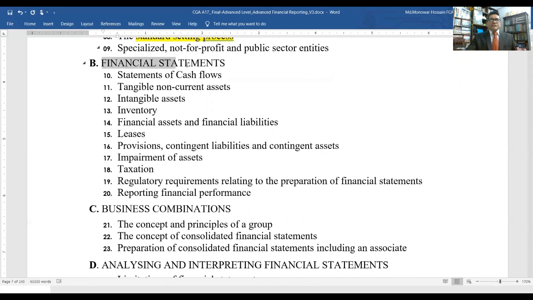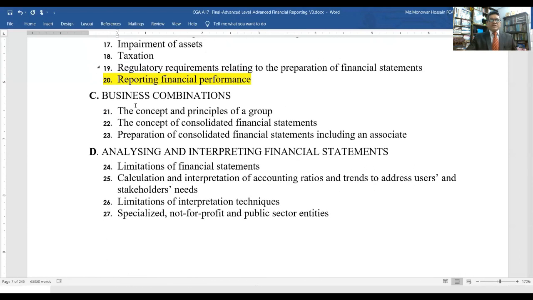In the financial statements, we learn the statement of cash flow, non-current assets, intangible assets, inventory, financial assets, financial liabilities, leases, provisions, contingent liabilities, contingent assets, impairment of assets, taxation, regulatory requirements, and reporting financial performance.